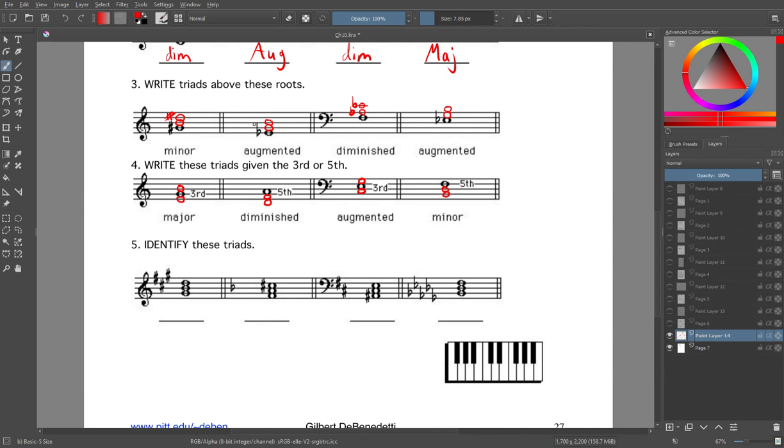So we need to make that a minor, and we can do that by lowering the B to a B flat. Now we need a major third on the bottom. From G to E, that is a minor third, so we need to make that a half step bigger. And we can lower the E to an E flat in order to do that. I'm going to let you do the rest. You can finish up these.